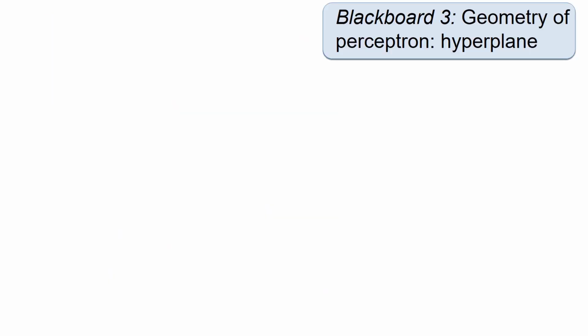Okay, I would like to discuss now the geometry generated by the simple perceptron. So we have here my output neuron with output y hat. It gets inputs from different neurons.